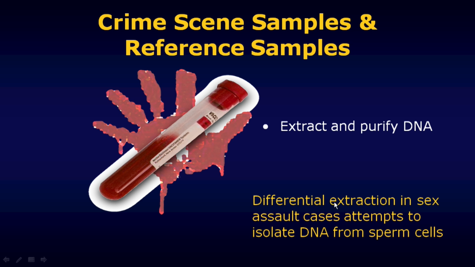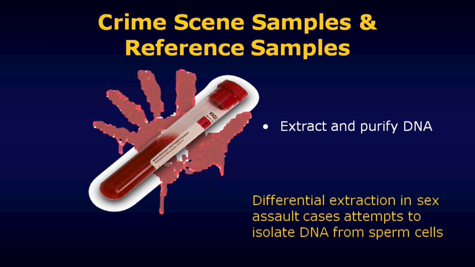In sexual assault cases, you'll sometimes find that a testing laboratory has taken some pains to try to separate the sperm cells from the other cells in a particular fraction. When that works, it can give us a nice clean look at the contributor of male DNA to a particularly mixed sample. But when it fails, we're typically in no worse shape than we would have been if there hadn't been an attempt to do that differential extraction.